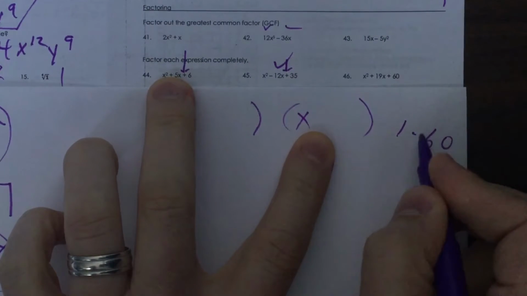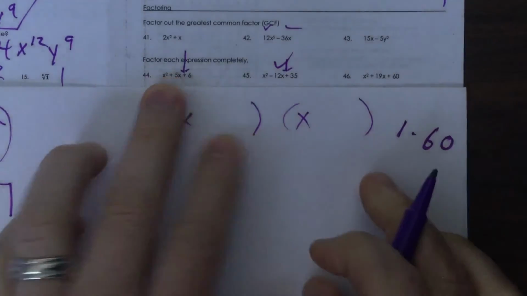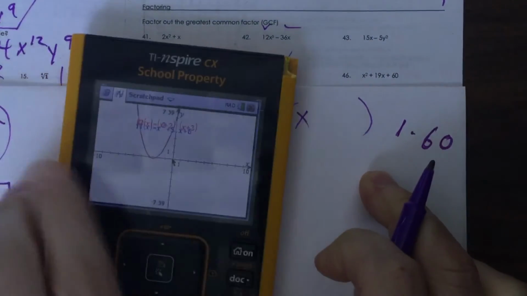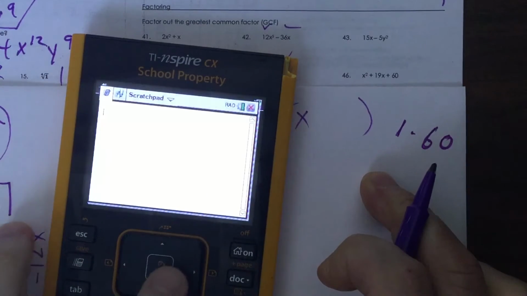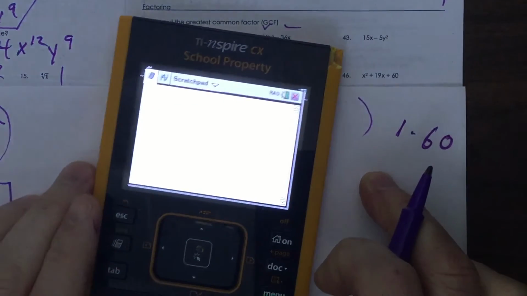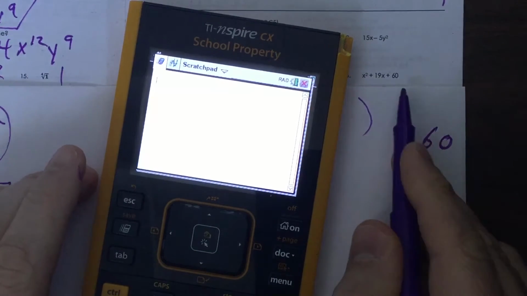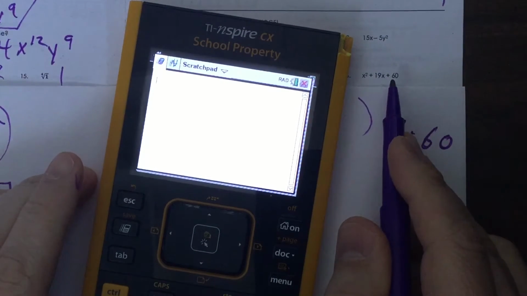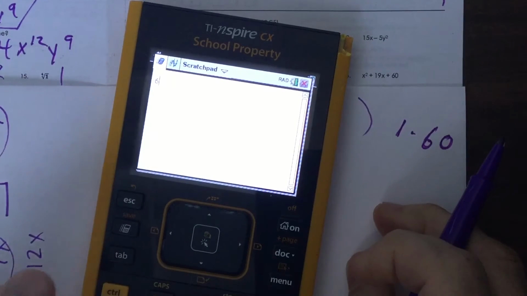Now, I'm going to demonstrate on this one the calculator way of finding your factors, because a lot of times you may miss a factor, or you're not sure even how to start getting your factors, right? The most straightforward way, and it's not very exciting, but it's super easy. Start with 60 and just start going from 1, 2, 3, and up, and you're going to do division.